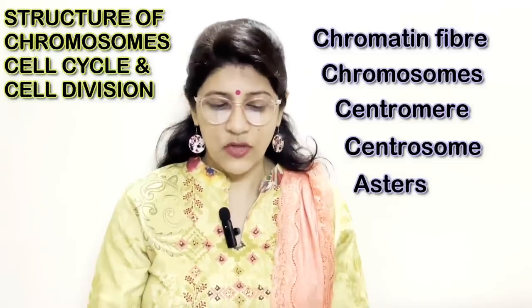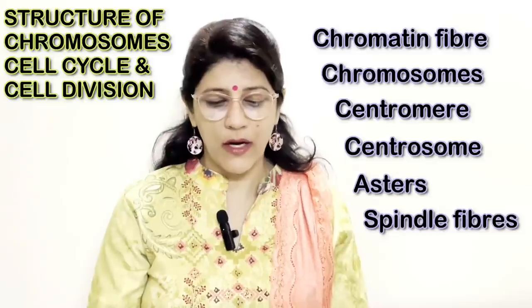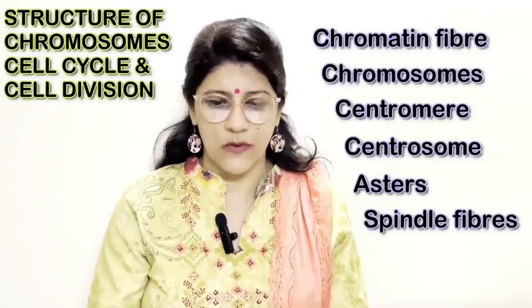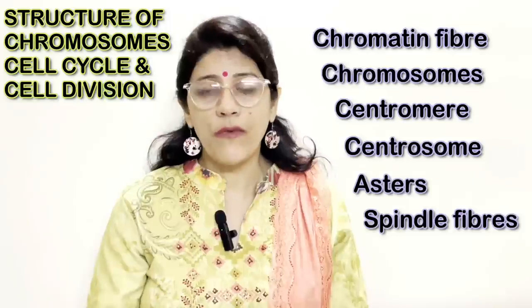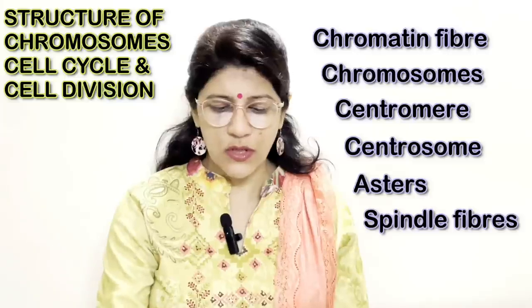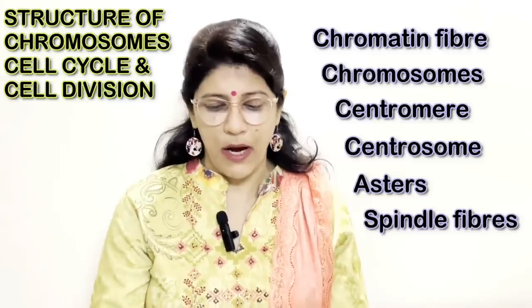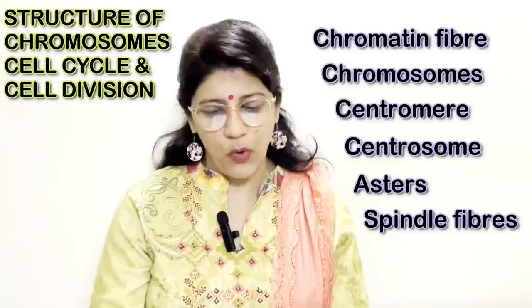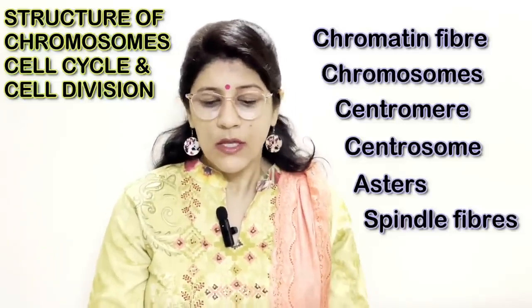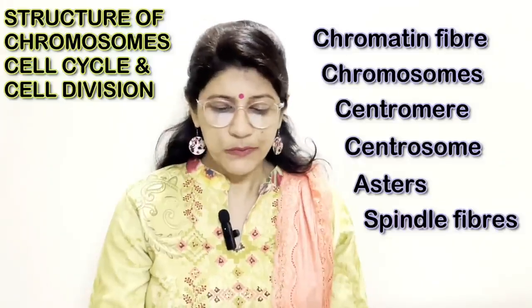Next structure is spindle fibers, and their location is between the two daughter centrioles. Function is spindle fibers shorten during anaphase so that the two sister chromatids are pulled apart toward the opposite poles. Because only when these spindle fibers shrink and shorten will they pull them.